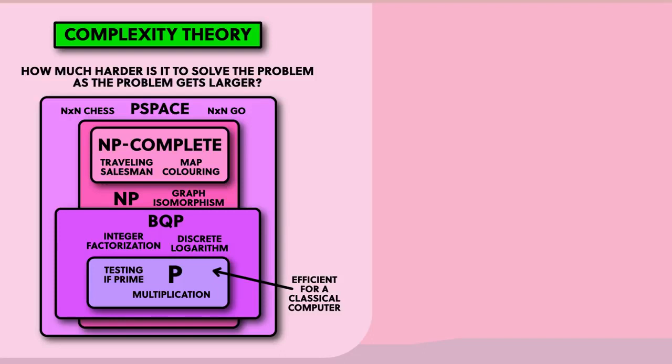But anything outside it means we don't have an efficient classical algorithm to solve them, and factoring large numbers is one of these. But there's one box here, BQP, which is efficient for a quantum computer but not a classical computer, and these are the problems that quantum computers will be better than classical computers at solving.